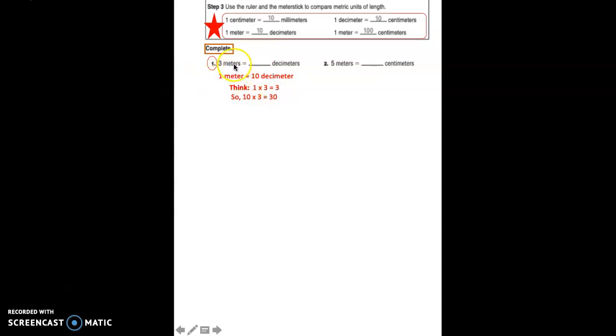So from 1 meter to 3 meters, I multiplied by 3. So I need to multiply 10 decimeters by 3, and it gives me 30. So 3 meters equals 30 decimeters. You may remember doing this from when we did our conversions for liquid volume.